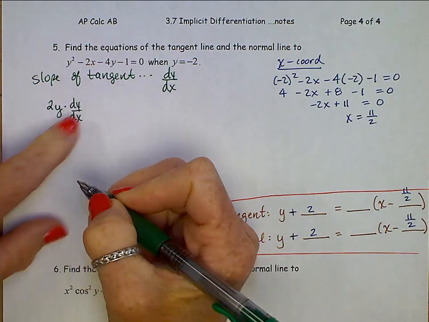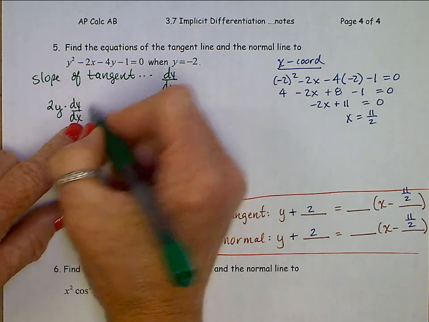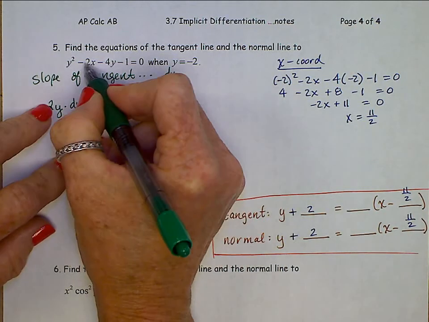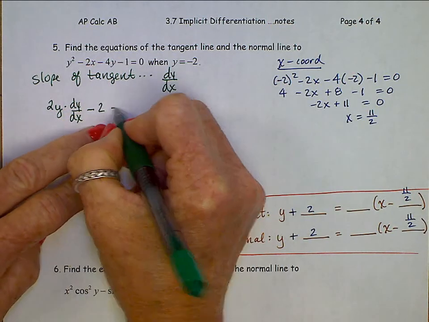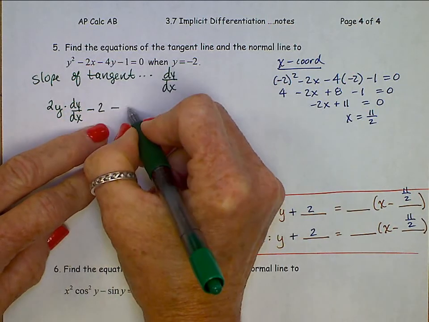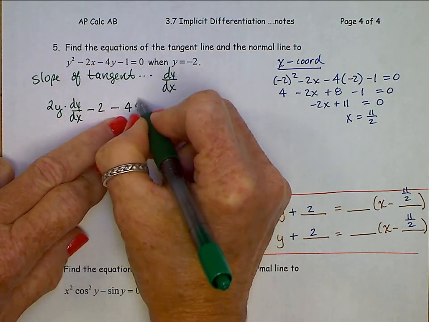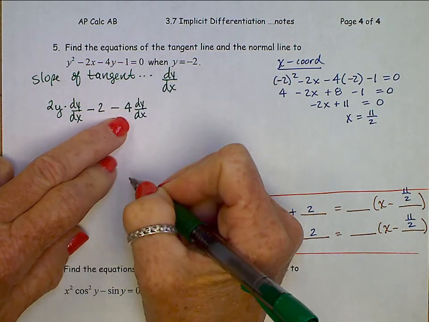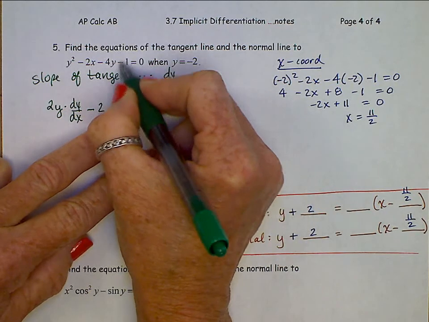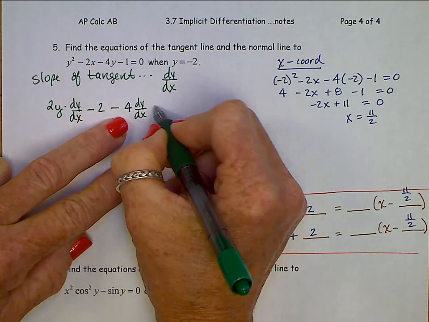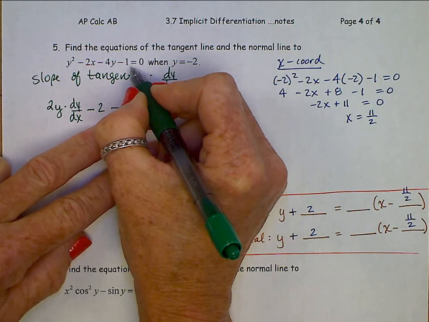If you want to write y prime, you may. Minus the derivative of 2x, which is 2. Minus the derivative of 4y, which is 4 dy/dx. The derivative of the minus 1 is 0, equals, and the derivative of 0 is 0.